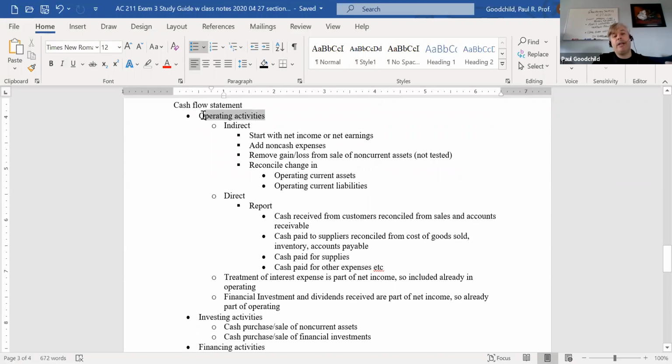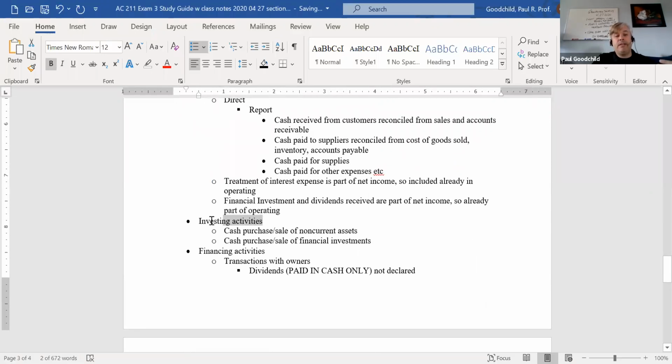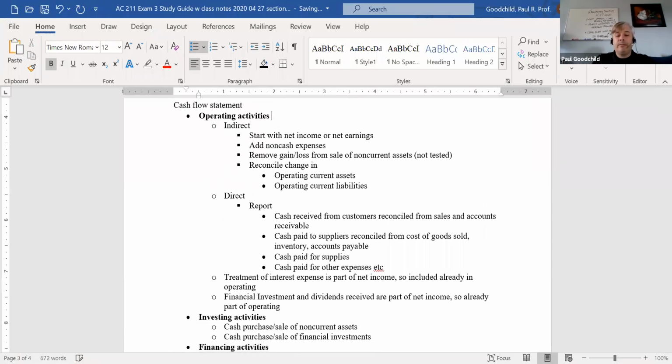So you have operating activities, investing activities, and financing activities. Within operating, you have 2 methods. One would be the indirect method.